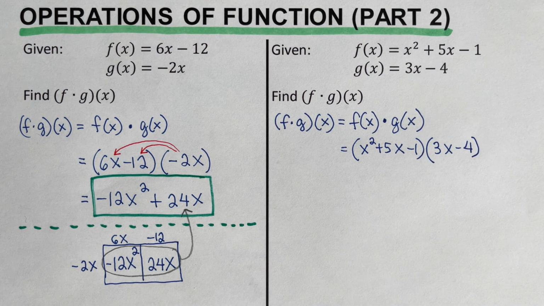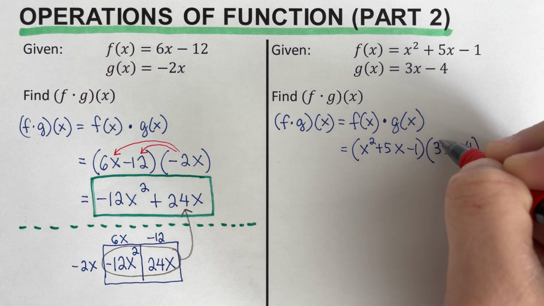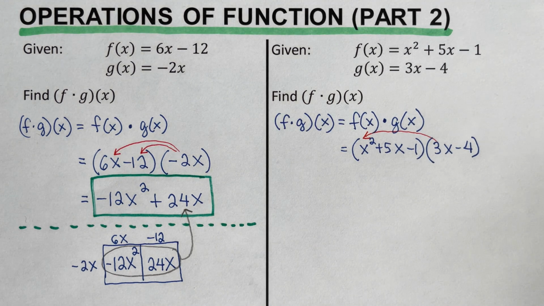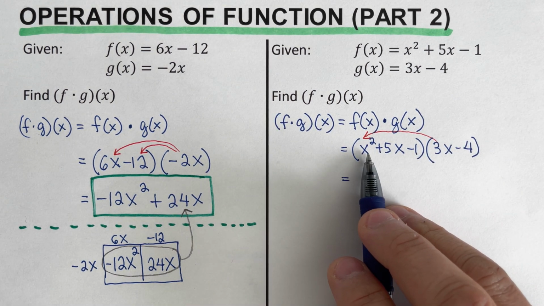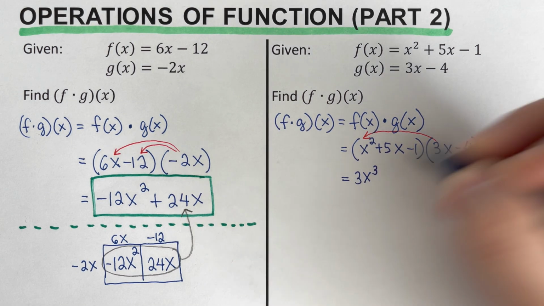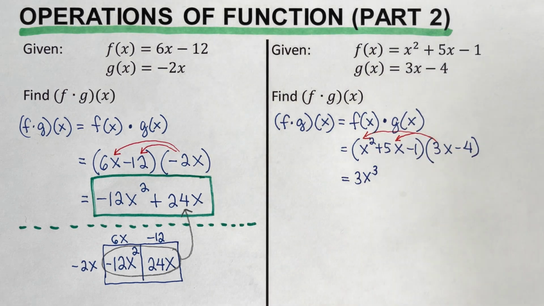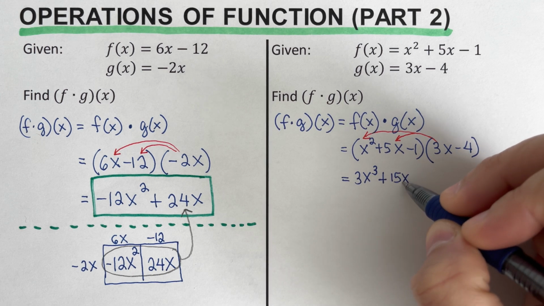In order to multiply this, we can use the distributive property, or pretty much known as the FOIL method. We multiply the 3x to each of the terms inside the parentheses. So 3x times x squared is 3x cubed, and 3x times 5x is 15x squared, so that's plus 15x squared.